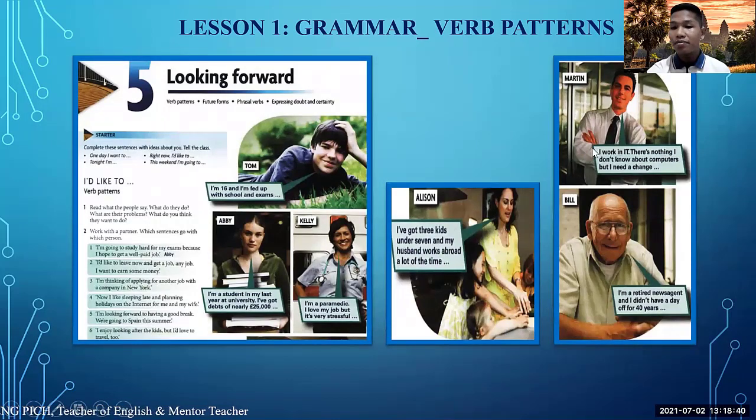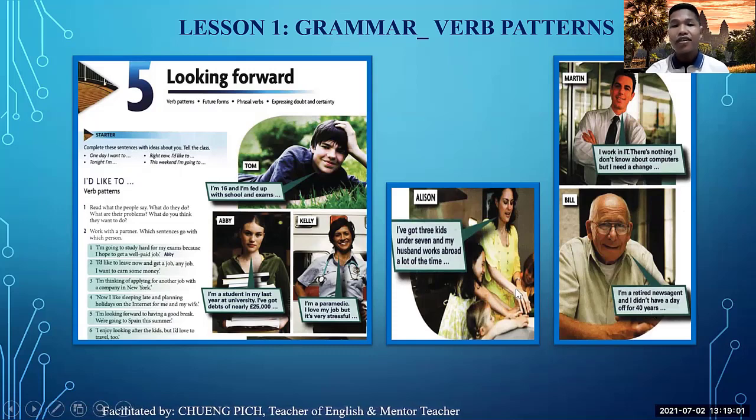And then Martin says, I work in IT. There's nothing I don't know about commerce, but I need a change. Bill says, I'm a retired news agent and I didn't have a day off for 40 years.